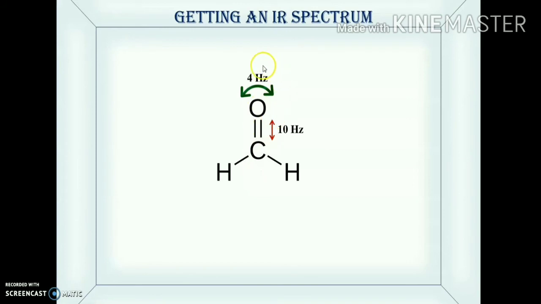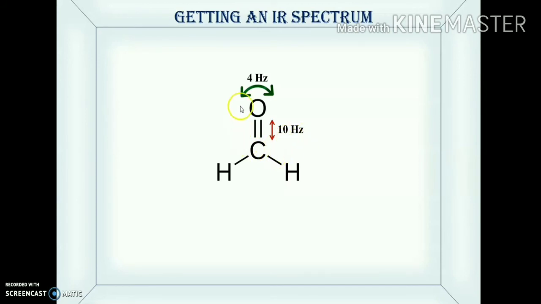Now I take this sample of formaldehyde and put it into the instrument called the IR spectrometer. When I put this formaldehyde solution into the IR spectrometer as the sample, I need to know certain features of this molecule. First, the carbonyl group is the functional group present in this molecule, and let's say it is vibrating with a 10 Hertz frequency.